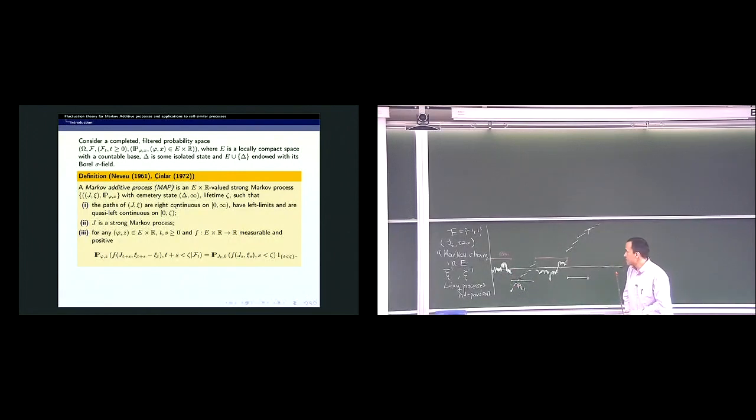What is the second initial point? This one? Yes. I have a jump, U1, and then I have a jump here, U of -1. These are independent.